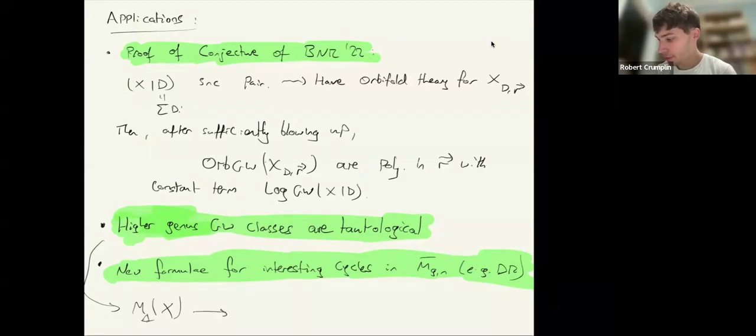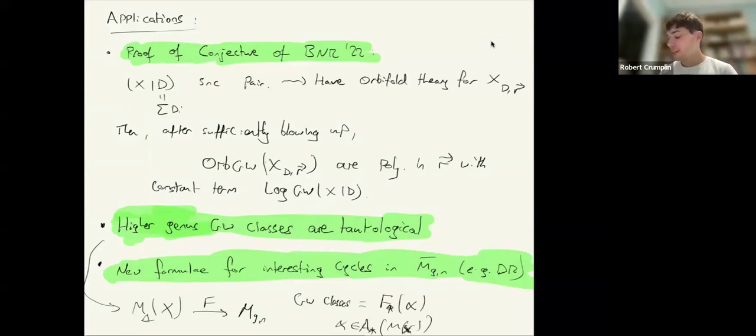This has a forgetful map to M_g,n bar. And Gromov-Witten classes are of the form push forwards of certain cycles on the space of maps. So alpha is a cycle on this space of maps.